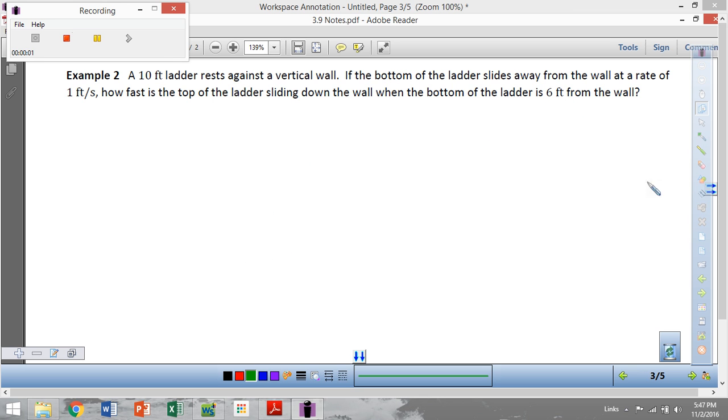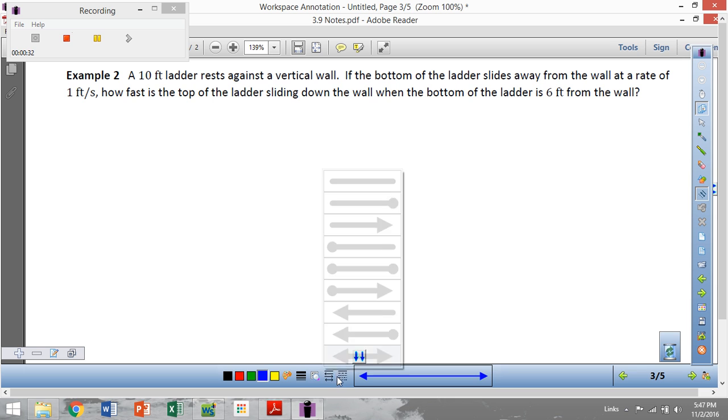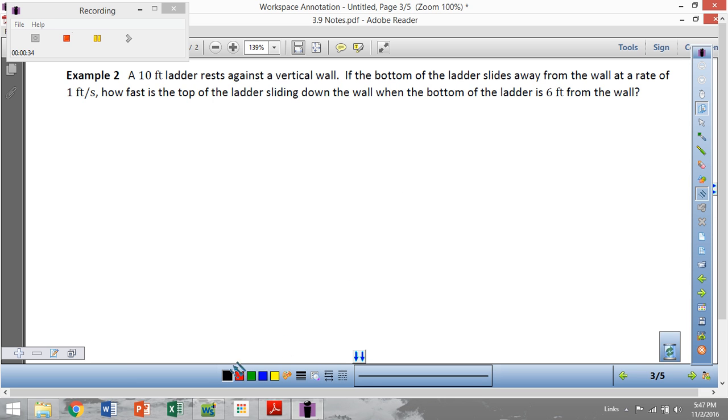So I'm going to draw a picture here. What we have is a wall where I've got some ladder leaning up against it, and then we've got the ground down here.